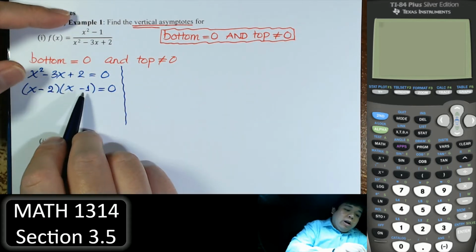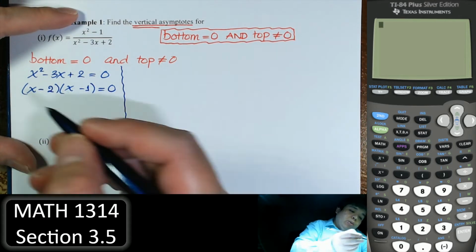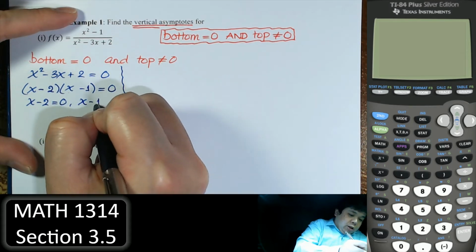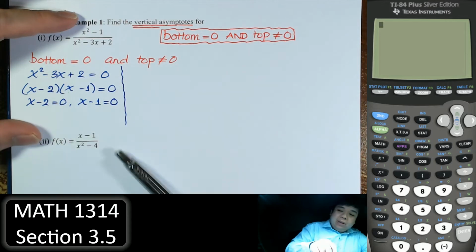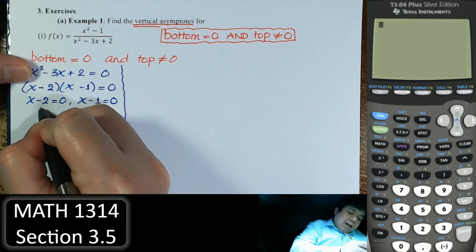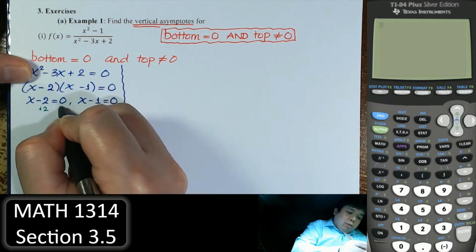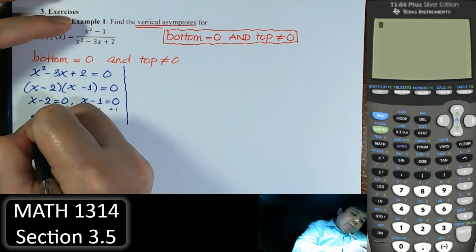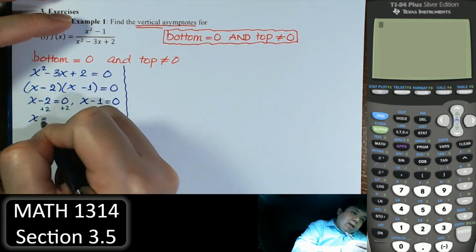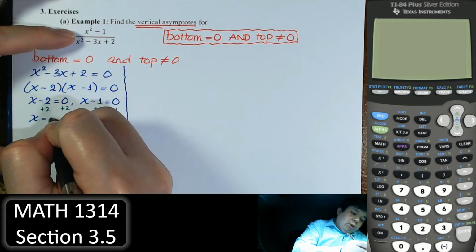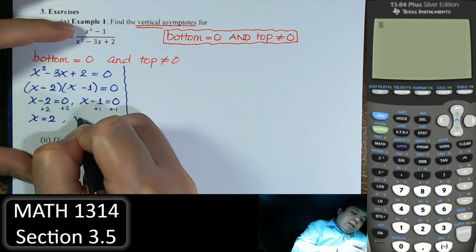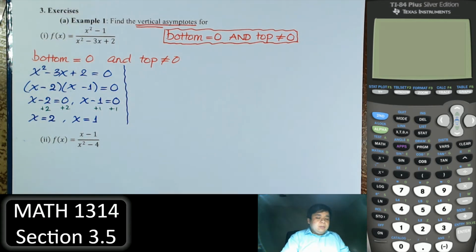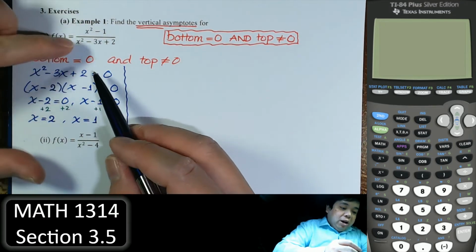So x squared minus 3x plus 2 factors, and we have x minus 2 equal to 0, x minus 1 equal to 0, and then plus 2 on both sides, plus 1 on both sides. So x equal to 2 and x equal to 1.